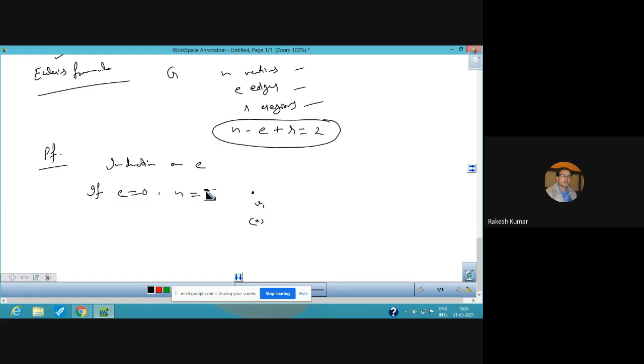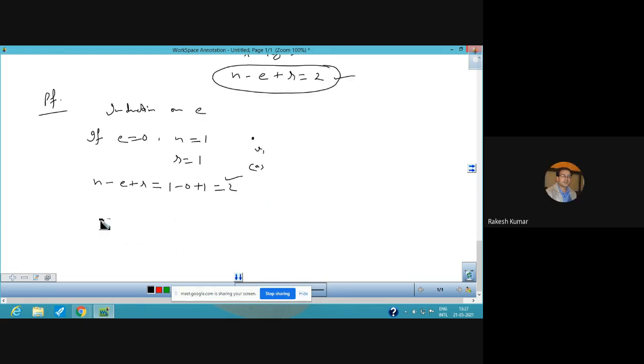So n is equal to 1, and one infinite region, the outer region. Clearly n minus E plus R is equal to 1 minus 0 plus 1, that is equal to 2. The formula is satisfied.